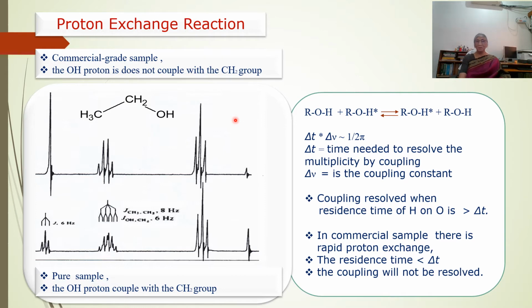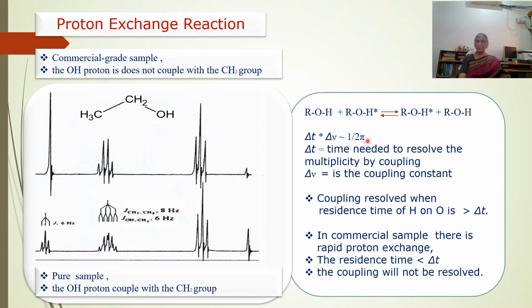This happens because of the rapid exchange of protons among the ethyl alcohol molecules, any alcohol molecule for that matter. So hydroxyl protons are labile protons, and among the molecules the hydroxyl proton is exchanged, and the residence time of the hydroxyl proton on oxygen is less than delta T. We know the equation delta T multiplied by delta nu is approximately 1 by 2 pi.